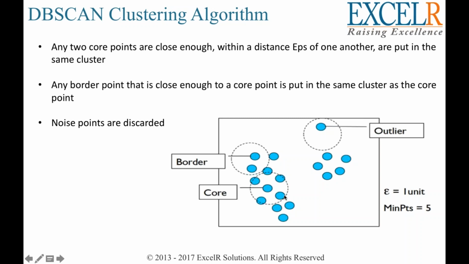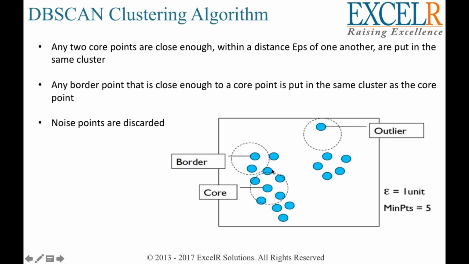For example, if you think about this another data point, if you draw an EPS like that, a circle, then maybe it will have 5 data points within the circle. If yes, then these 2 will be part of one cluster.